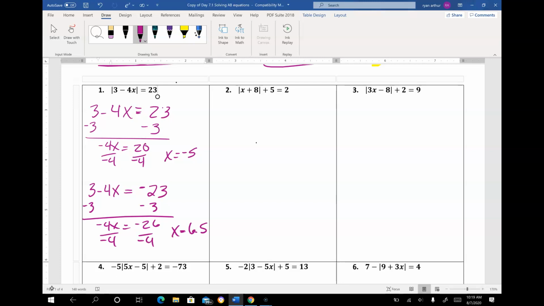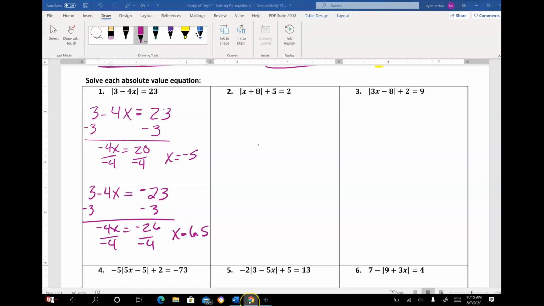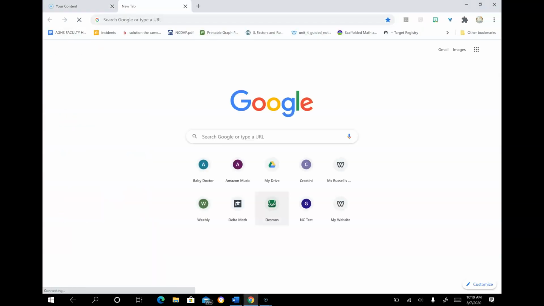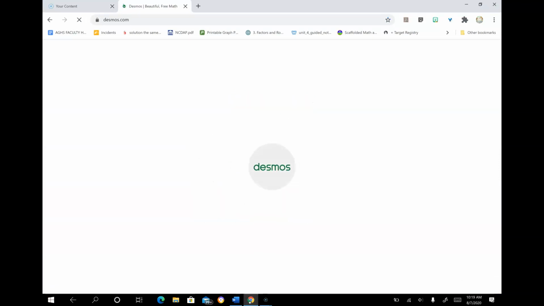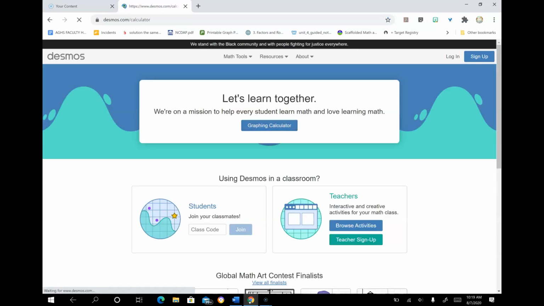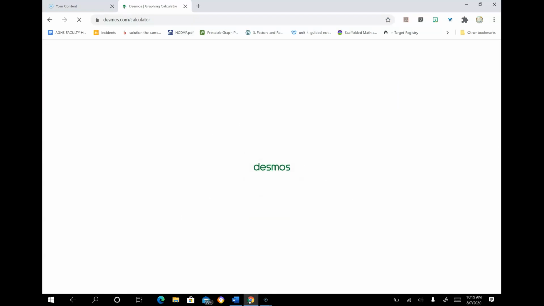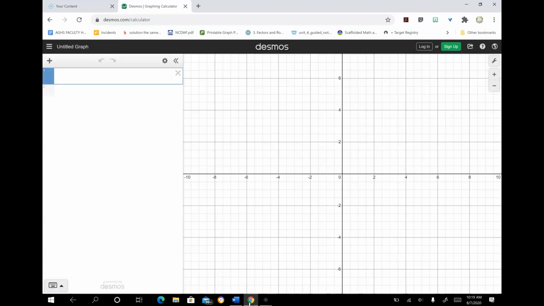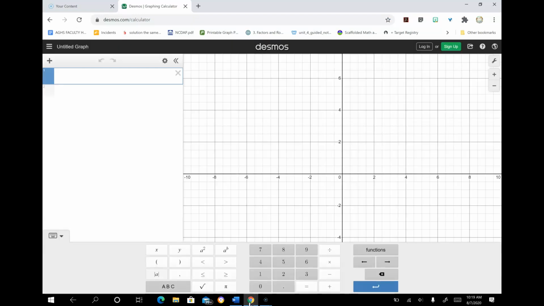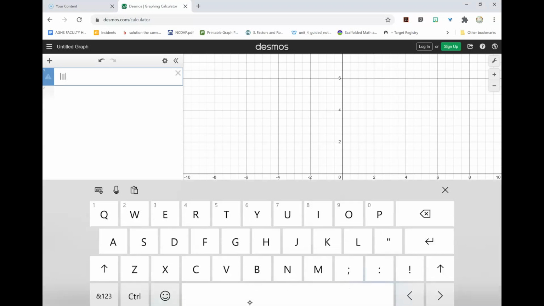I'm going to use Desmos, like I said before, so you can see my screen. Okay? So we're going to pull Desmos up. Now, to find the absolute value bars in Desmos, you go down to your keyboard down here, and it's the absolute value of A right there.